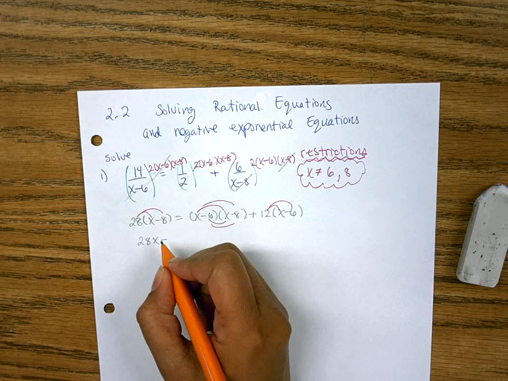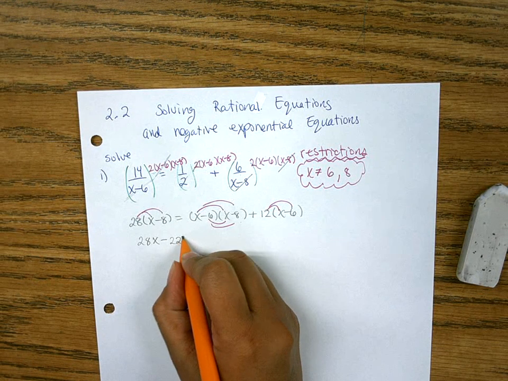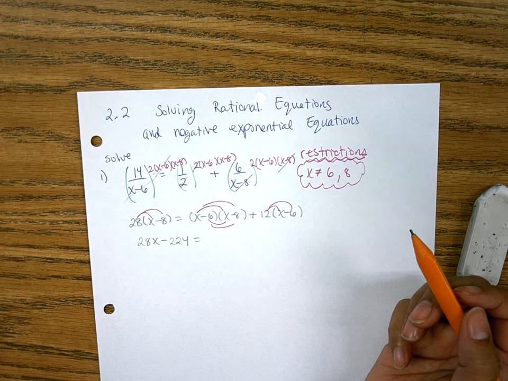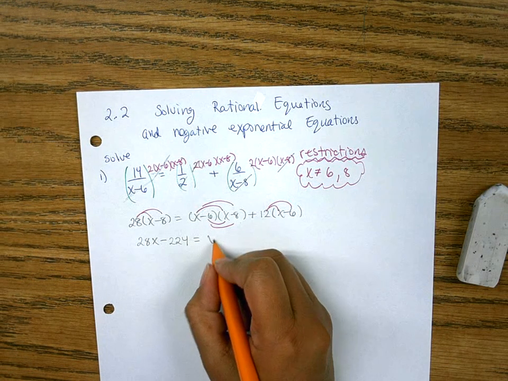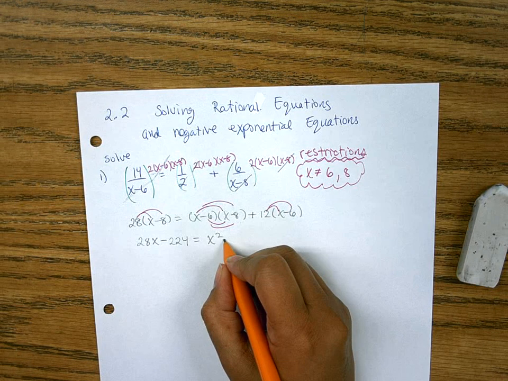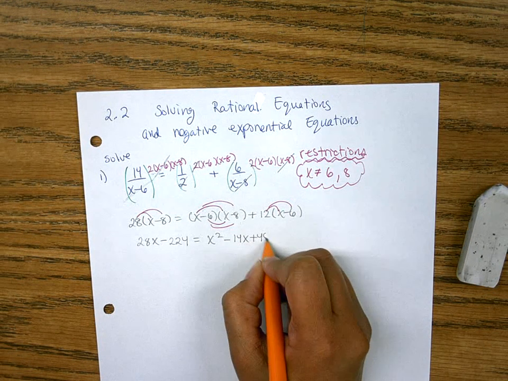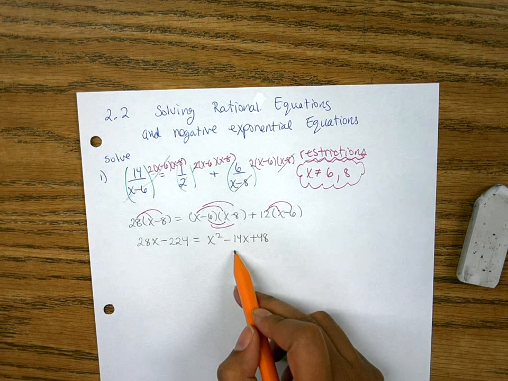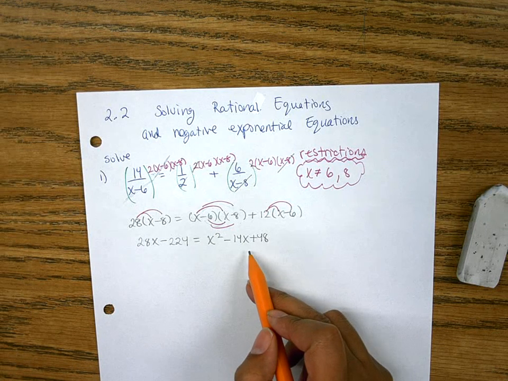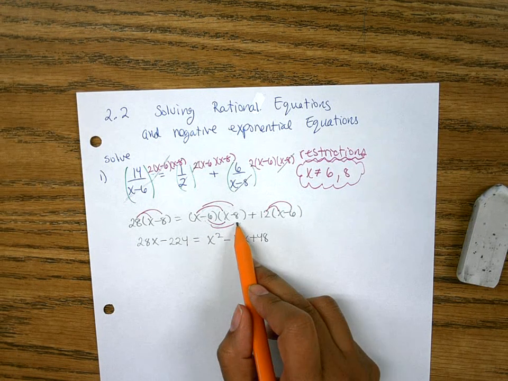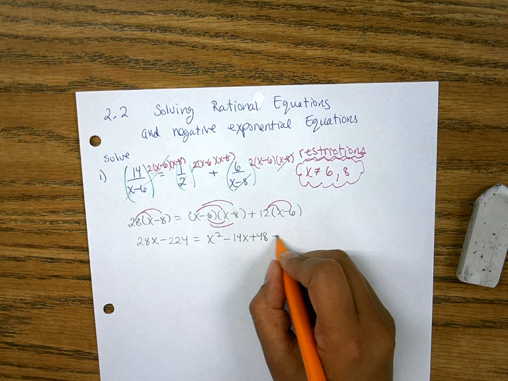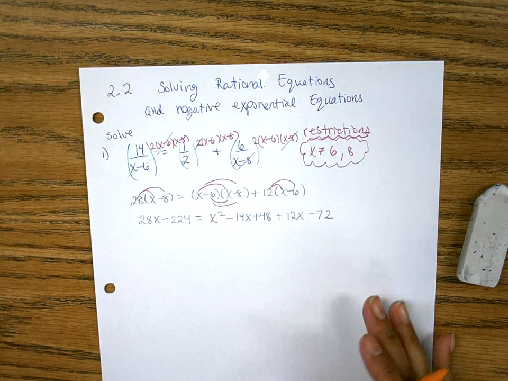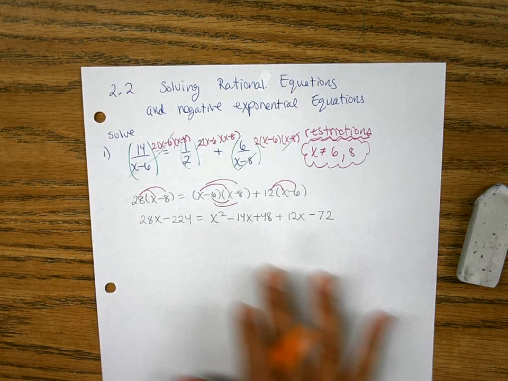Okay, what does that give me? 28x take away 224 equals, go ahead and do your double distribution there. If you do it in 2 steps, that's perfectly fine, but I know that I'm going to get x squared minus 8x minus 6x is negative 14x, and negative 6 and negative 8 is positive 48, plus 12x minus 72.